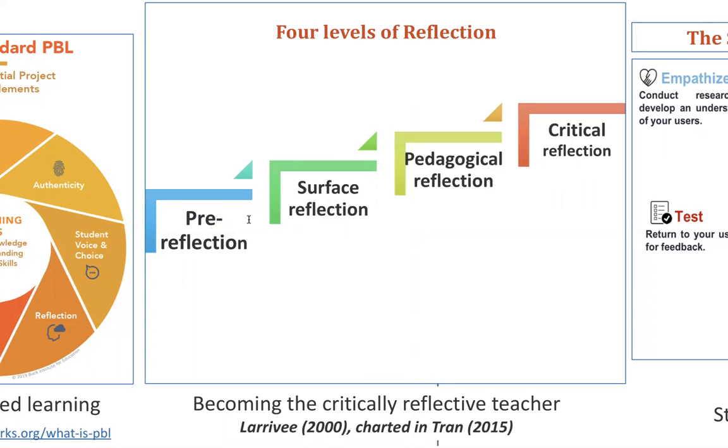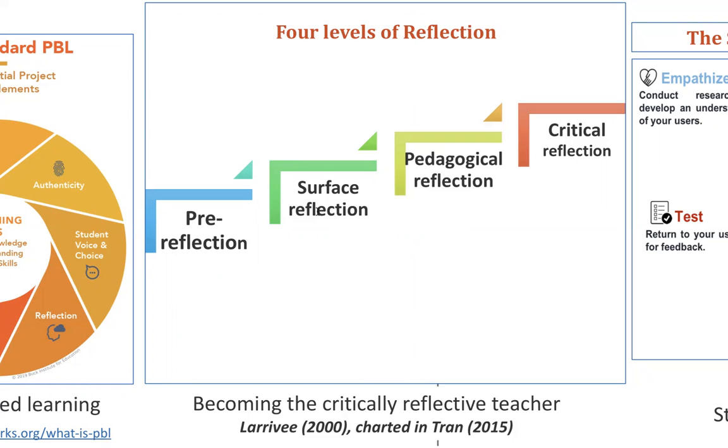They attribute the ownership of problems to students or others, perceiving themselves as the victims of circumstances. They take things for granted without questioning and do not adapt their teaching based on students' responses and needs. At the surface level of reflection, the teacher's reflection focuses on strategies and methods used to reach predetermined goals.